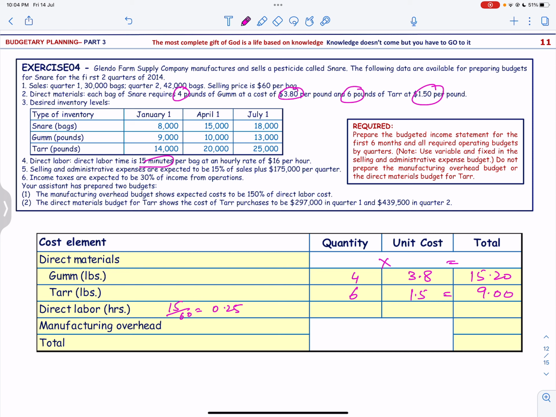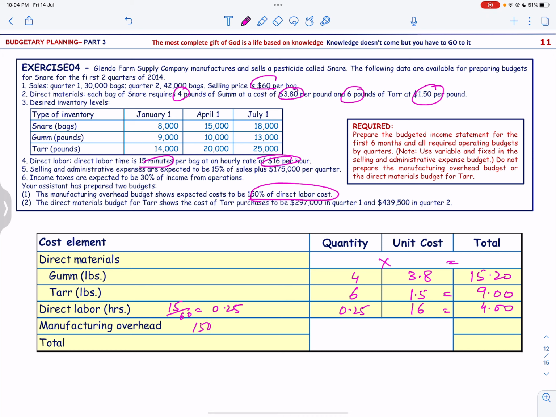So 0.25, and the rate is 16 per hour. So 16, and this will be equal to 4. Now manufacturing overhead, they have given over here, is 150% of direct labor cost.